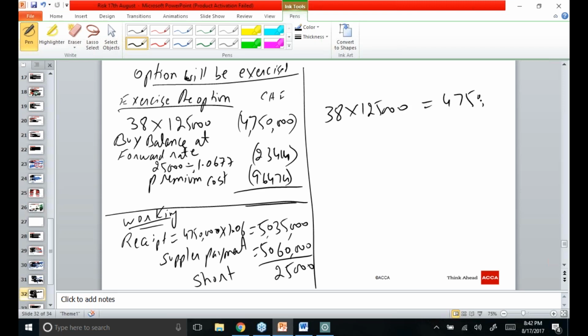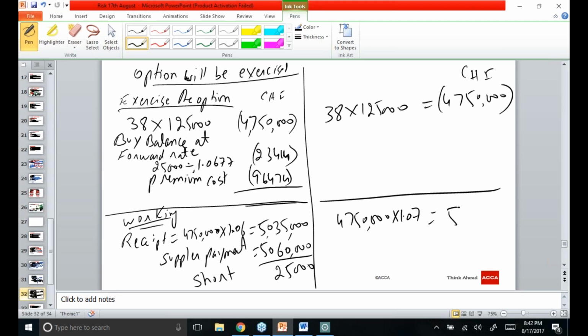You will pay the same amount as you are paying in CHF, and you will receive in dollars 5,082,500, but you are going to pay only 5,060,000.